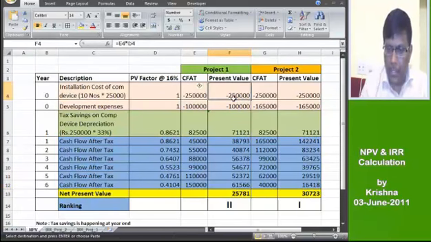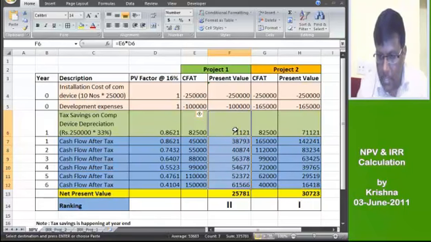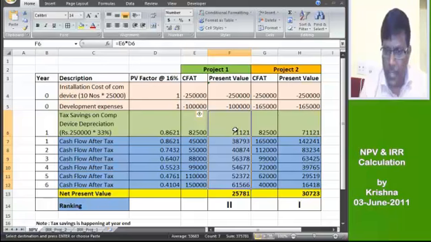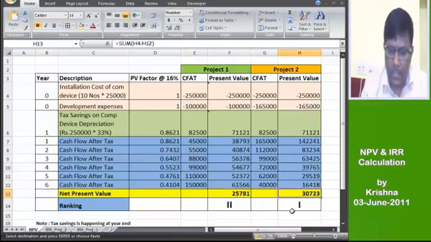There is a cash outlay to the extent of 3,50,000 in the 0 year, and we are having present value of cash inflows to the extent of 3,75,781. So we are reducing the cash outlay from the present value of the cash inflows. Then we are arriving at 25,781 as the net present value. Same way we are identifying net present value for project 2 also. We are having 30,723 as net present value.